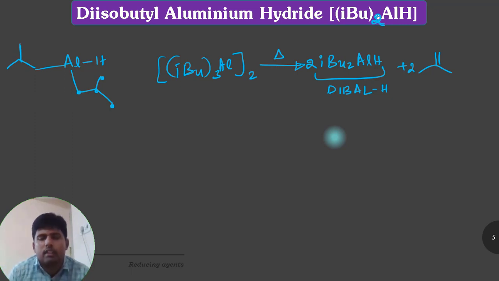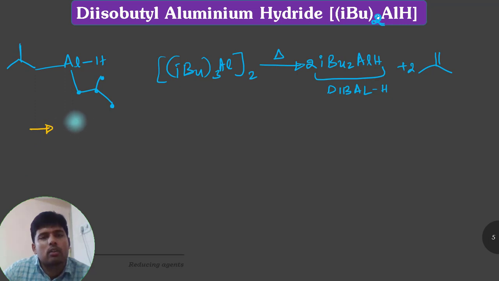So let us look at its reaction. If we notice this aluminum hydride, diisobutyl aluminum hydride is electrophilic in nature. It's not satisfied with respect to the octet. So this is an electron deficient species only. So it is going to act as a Lewis acid.